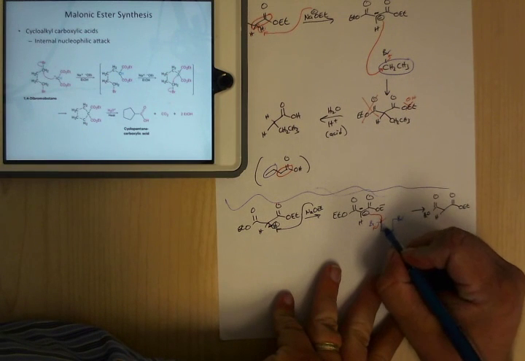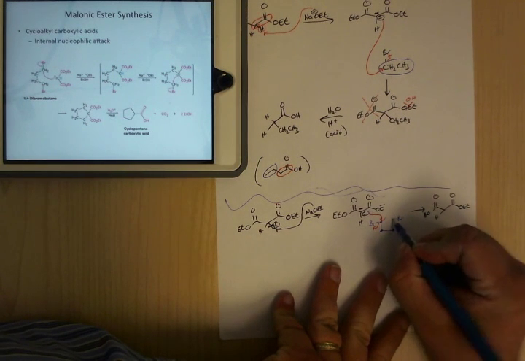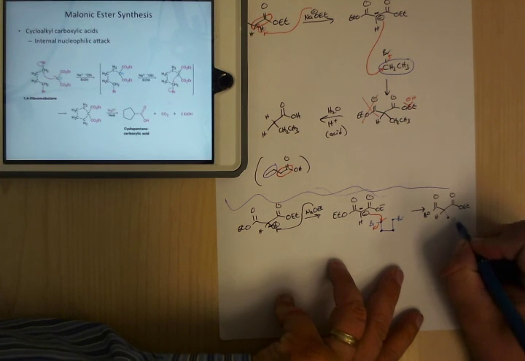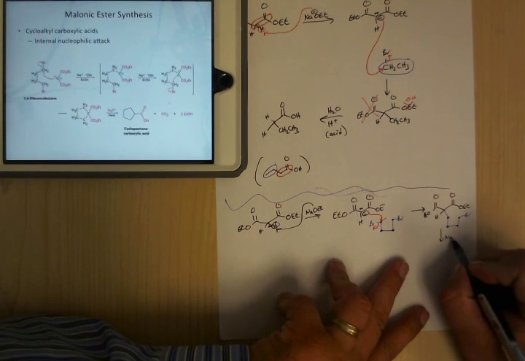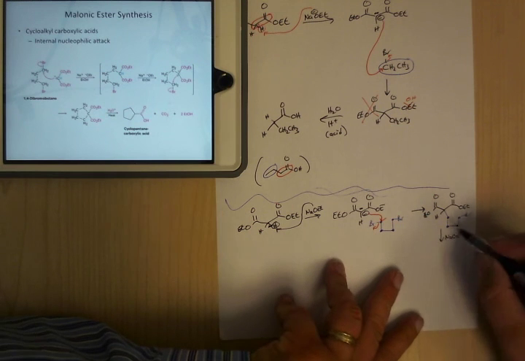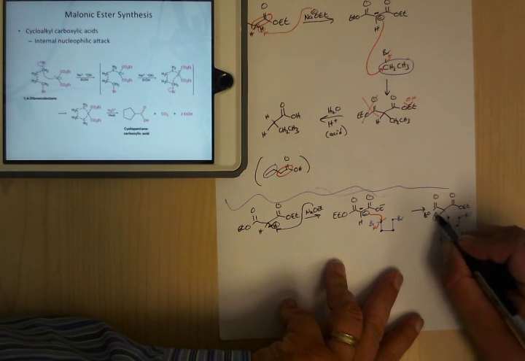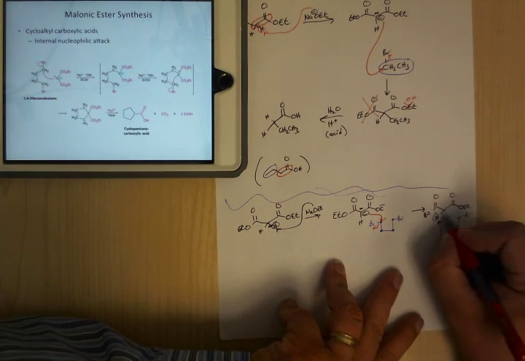Right, so we have this 4-carbon piece here, so 1, 2, 3, 4, and another bromine. If we hit this again with sodium ethoxide, again, that's going to grab that one and move that away.